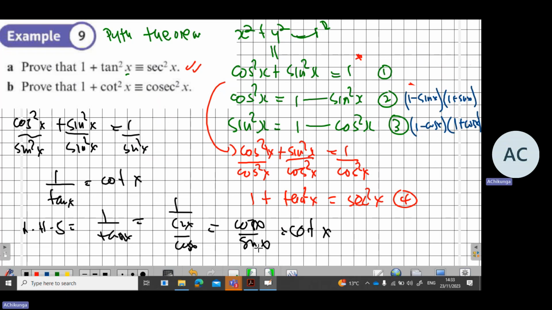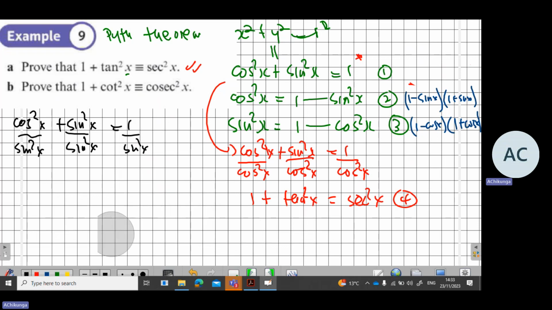So you should not forget that in general. It's all about manipulation here. When you manipulate this, you should accept that this is cot squared x plus 1 is equal to cosec squared x.